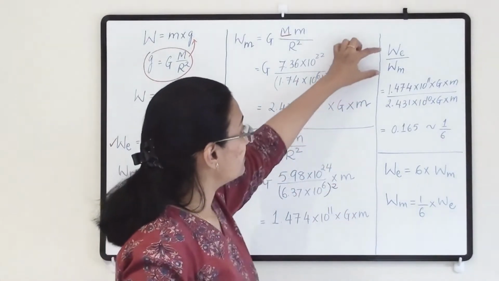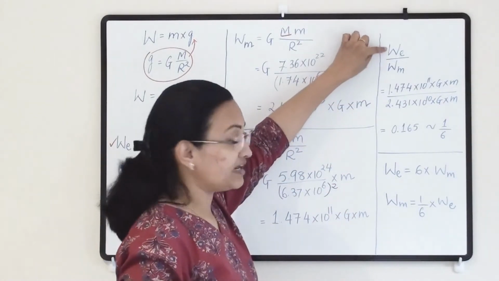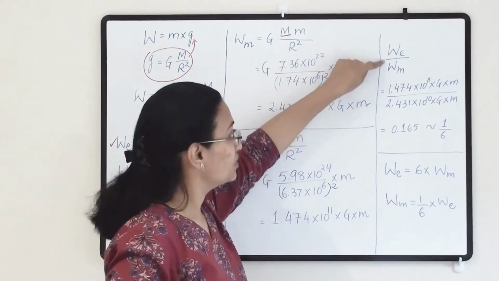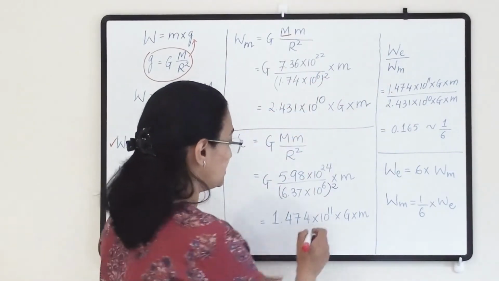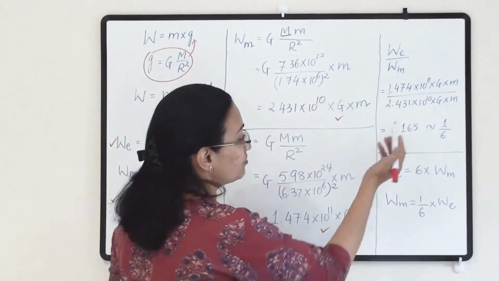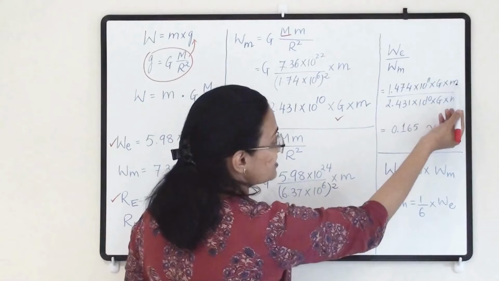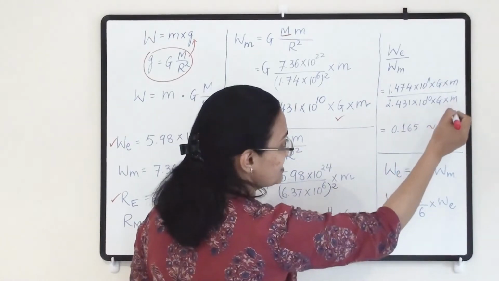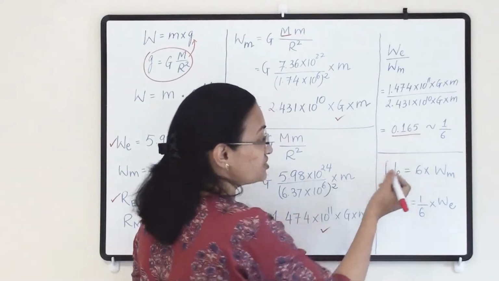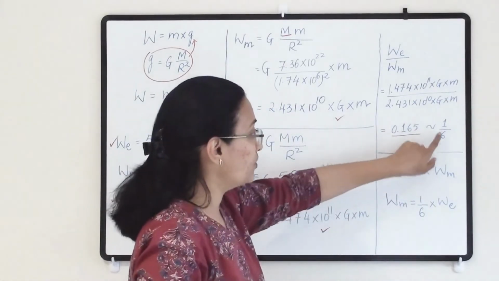Now let us take the ratio of the weight on the moon divided by the weight on the earth. We substitute these two values in this equation, and both capital G and small m get cancelled, and we get the answer 0.165, which is almost equal to 1 divided by 6.